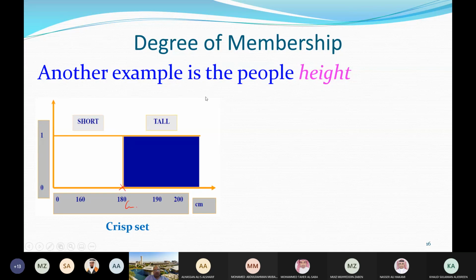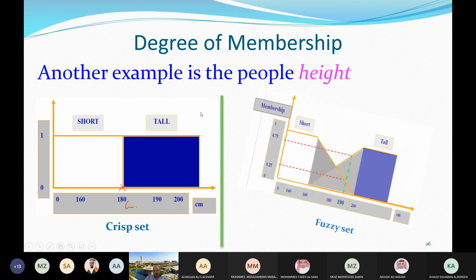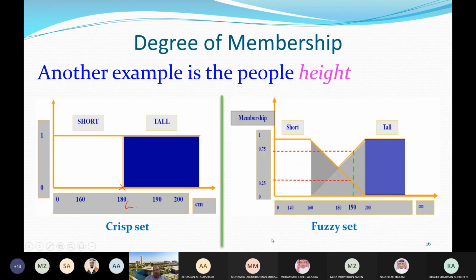You have a hard limit between short and tall. In fuzzy, which is closer to the natural language of human thinking, you can say there is a gradual change for short, and also for tall.